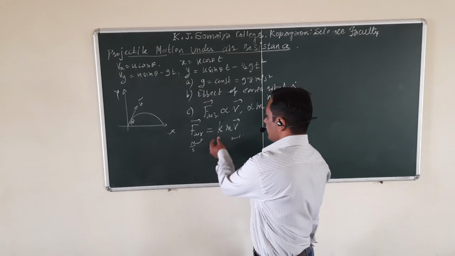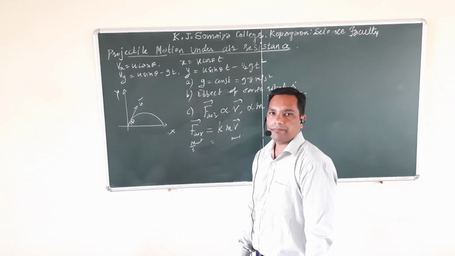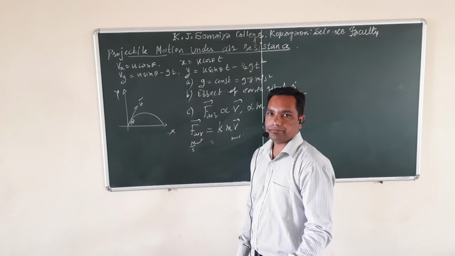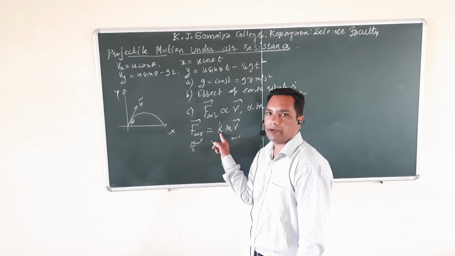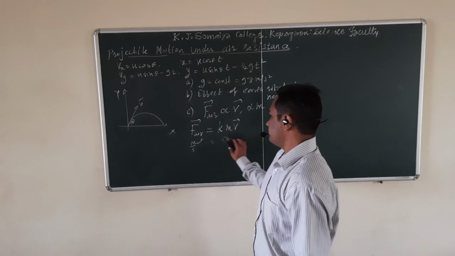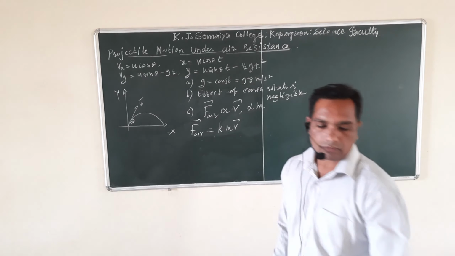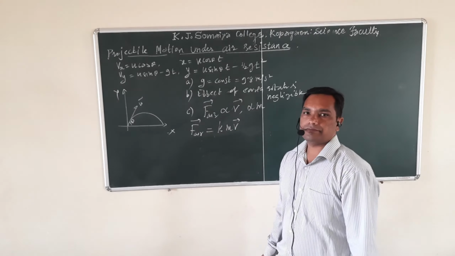So from this we get the dimension of k as 1 upon t, that is per second. This factor k is known as the air resistance constant, or more precisely the coefficient of force of air resistance.